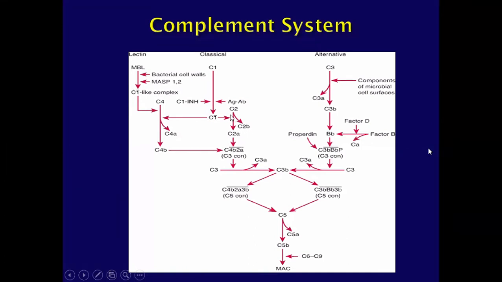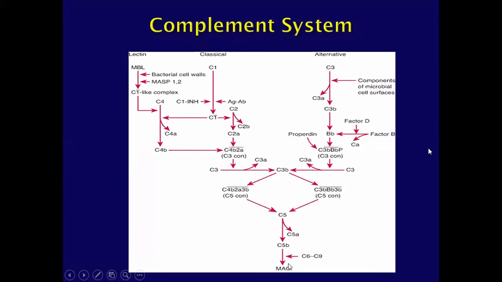Okay? So ultimately, there is a meeting point between the classical and the alternate pathway of complement activation here. Once this area is reached, it will cause the activation of the complement system up to the time that there is formation of the membrane attack complex.